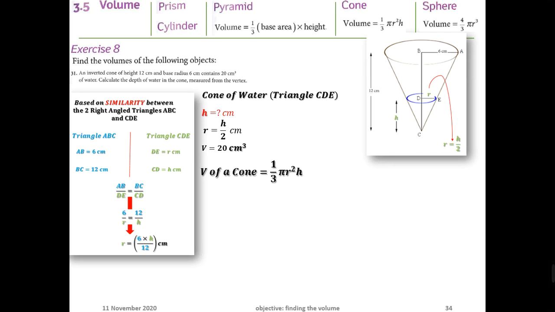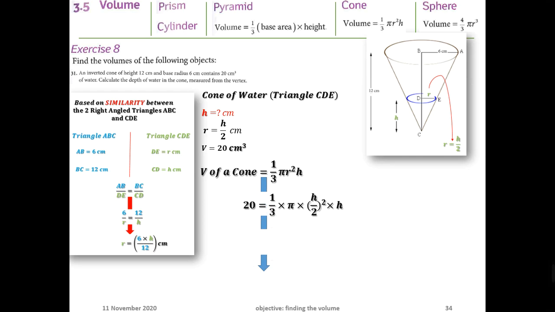So if we write the general formula here, we're going to substitute the volume of the cone as 20 is equal to one third times pi times r squared. And instead of r, we're going to say H over 2 to the power of 2, times H, which is going to be as follows.